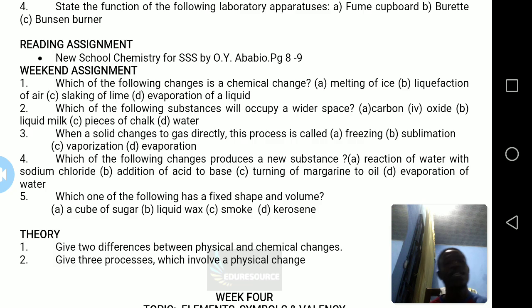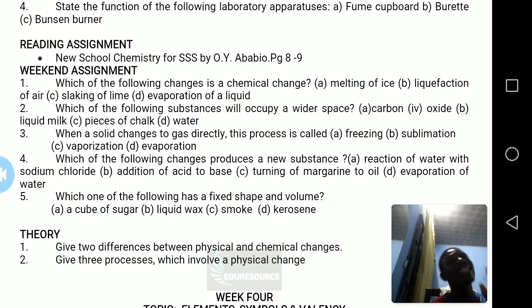Now, the answer there. Let's reason together. Which of them will occupy more space? They say carbon 4 oxide. Carbon 4 oxide is a gas. Gas is like air, like when you breathe. You breathe in oxygen and breathe out carbon 4 oxide, releasing it into the air.